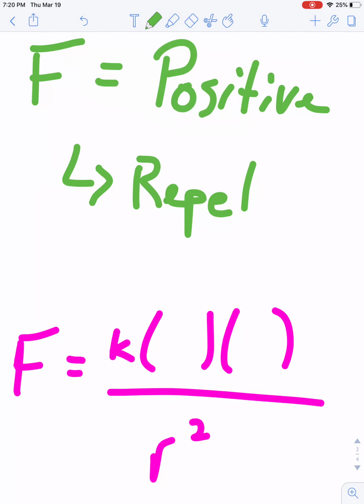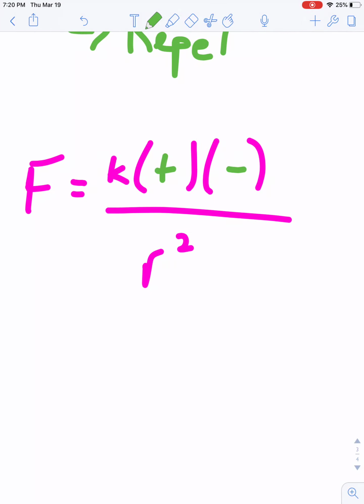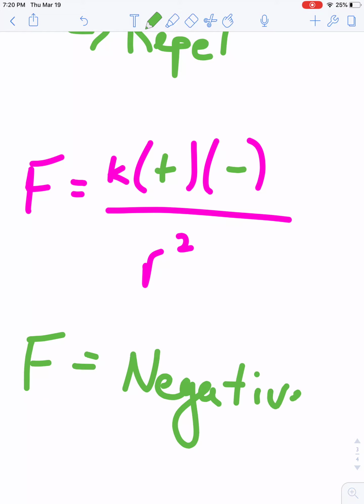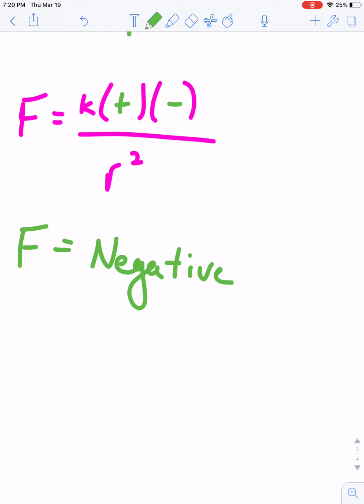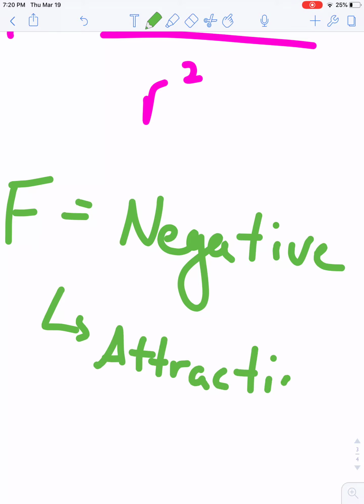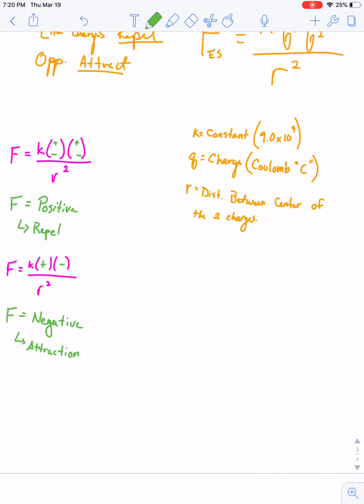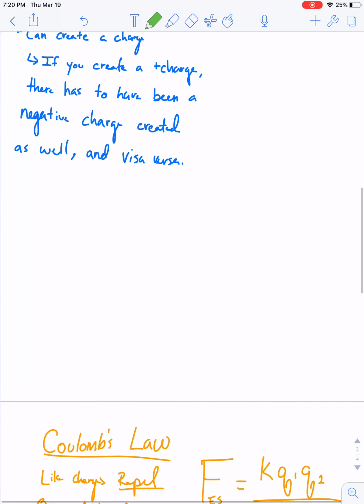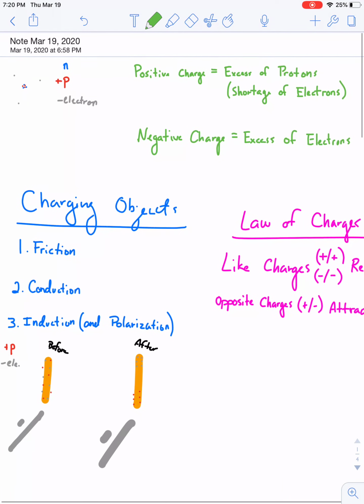If both charges are opposite, then the force has to be negative, because the positive times the negative is going to be a negative, and that's going to indicate attraction. Okay, pretty simple so far. So far, so good.